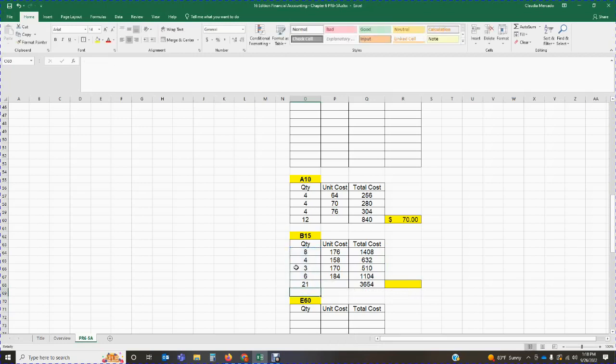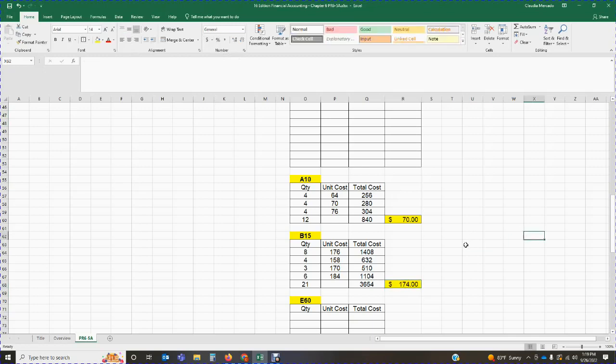So for B15, I had a cost of $3,654 to purchase 21 units of B15. To get the weighted average unit cost, I'm going to divide the $3,654 by 21 units. That will give me $174 weighted average cost per unit.